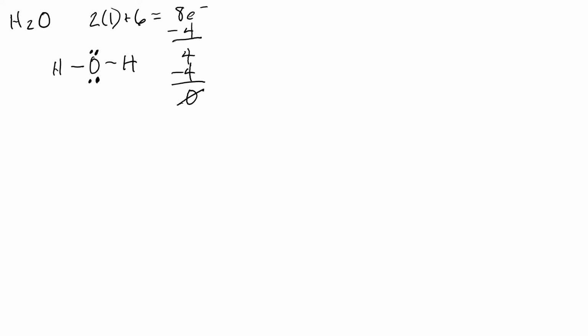Now we're going to take a look at another polyatomic ion, carbonate, CO3 2-. We have 4 valence electrons from carbon, 3 times 6 for oxygen, and we have to add 2 electrons for that negative charge.